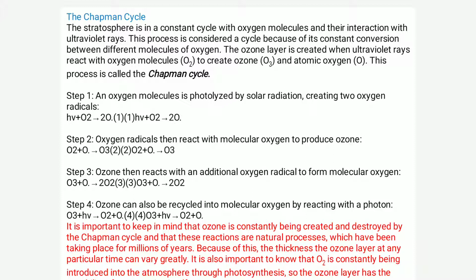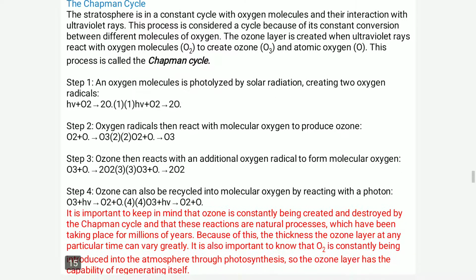The ozone layer is created when ultraviolet rays react with oxygen molecules to create ozone and atomic oxygen. This process is called the Chapman cycle. So what we have learned from the previous slide, we will see in the form of reactions. That is step 1.